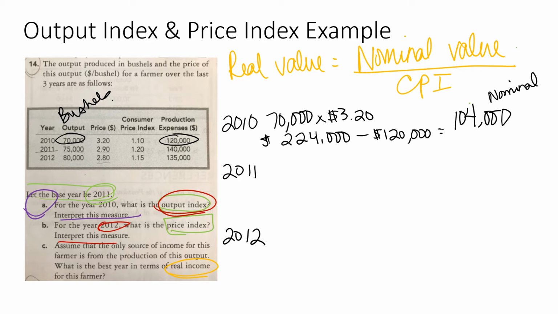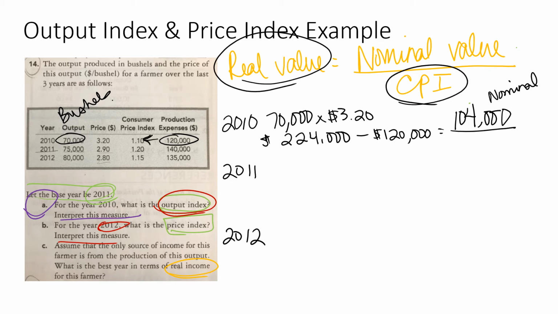That's the actual money that we made that year. In order to find our real value, we need to divide it by the consumer price index for that year. So the consumer price index for that year is 1.10. So if we do 104,000 divided by 1.10, we get $94,545.45.